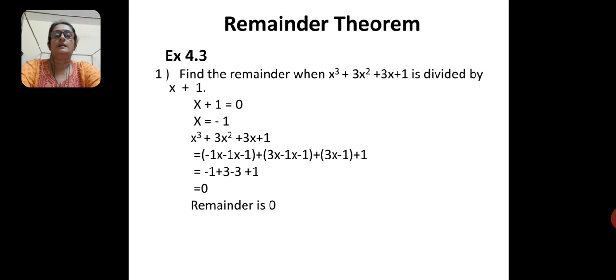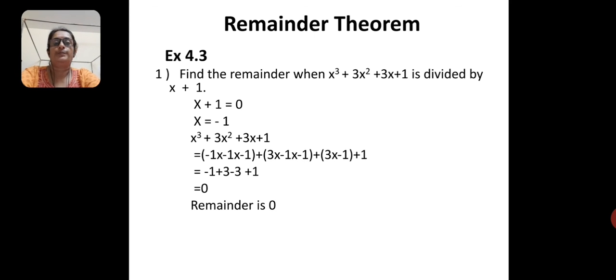The question given is x cube plus 3x square plus 3x plus 1. If you divide it by x plus 1, will the remainder be 0 or not? For that, you can divide the whole term by x plus 1 with the long division method and check it. But instead of doing that, we can do this with the remainder theorem.